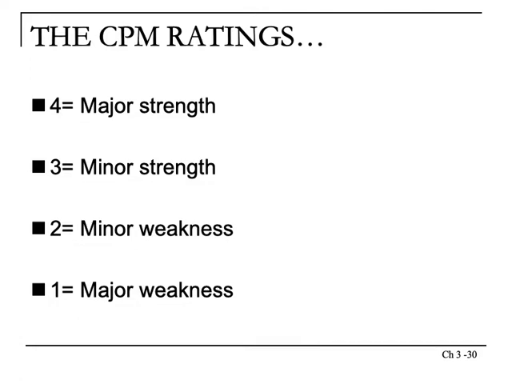And it is paradoxical, and students get it mixed up. A 4 is a major strength, a 3 a minor strength, a 2 a minor weakness, and a 1 a major weakness. So sometimes the brain tricks you, and you might think 4 might be the major.